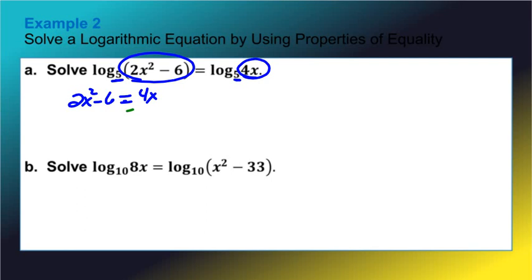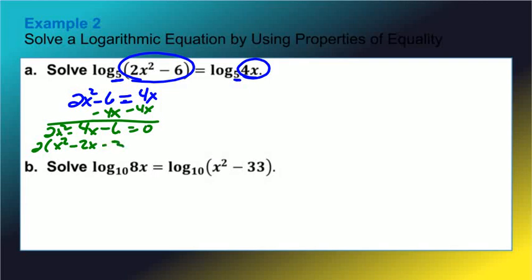So I'm going to subtract 4x on both sides. Now I have 2x squared minus 4x minus 6 equaling 0. Here I can factor out the greatest common factor. That would be a 2, so that leaves me with x squared minus 2x minus 3 equaling 0.